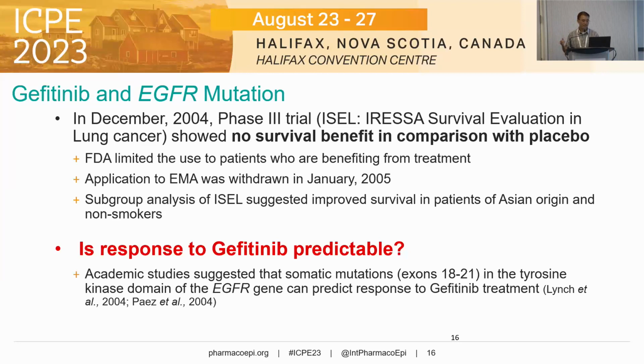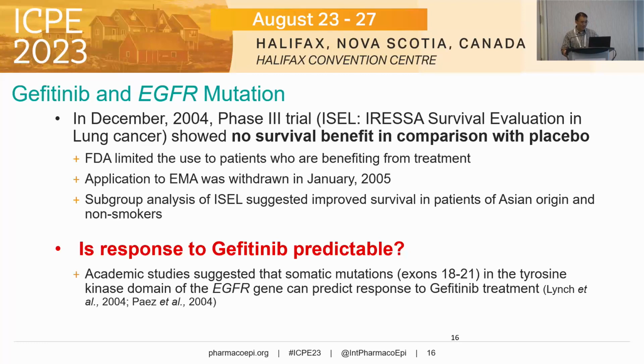Because of that, the FDA limited the use of gefitinib to only patients who already currently received treatment and were benefiting from it. And the planned submission to EMA was withdrawn. But during the trials, they also did some additional subgroup analysis. They found that among patients of Asian origin and non-smokers, there was a better survival. So the question is, is response to gefitinib predictable?